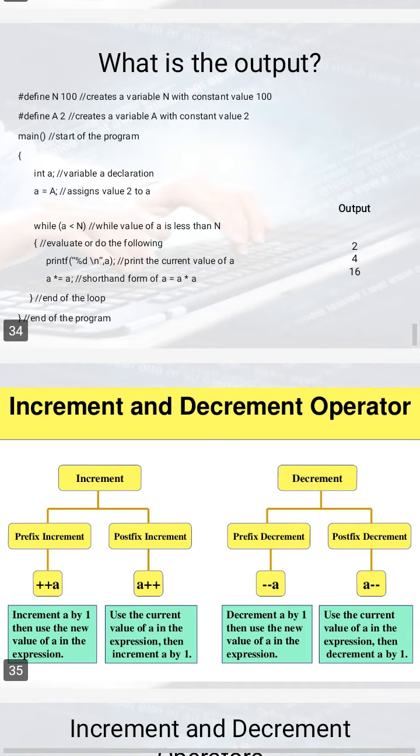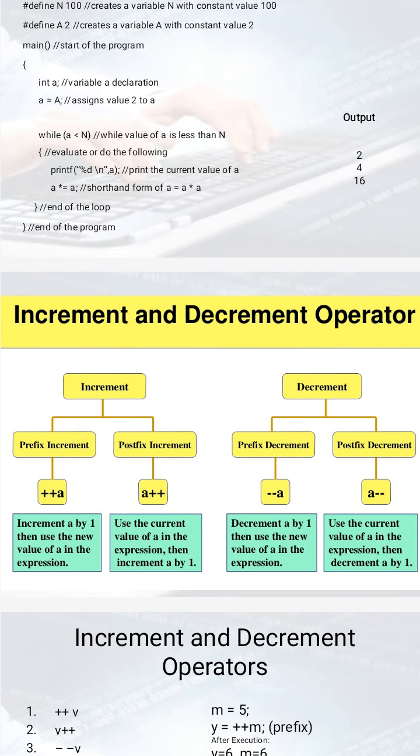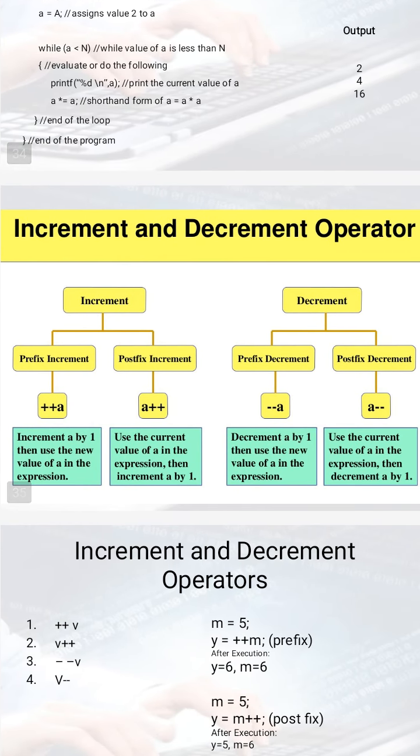Then next, another operator is increment and decrement operator. In this increment and decrement operator, there are pre-increment and post-increment. And in the case of decrement also, post-decrement and pre-decrement. Pre-increment means first increment the value and then assign the value. It is represented as plus plus a. Post-increment means first assign the value and then increment the value.